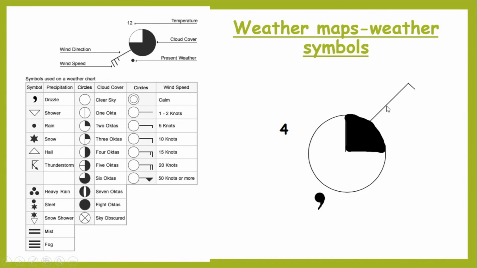The wind is a southwesterly wind. Remember, it's come from the southwest and sticking out this way. So the wind direction is southwesterly at a speed of 10 knots. That looks like a full feather to me. Okay. And the temperature is 4 degrees C, and the weather is drizzle.